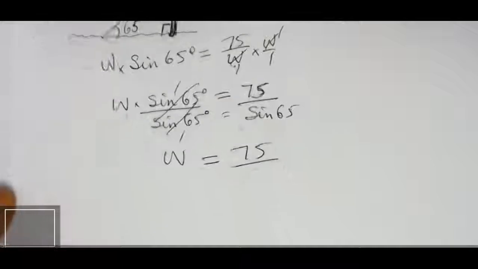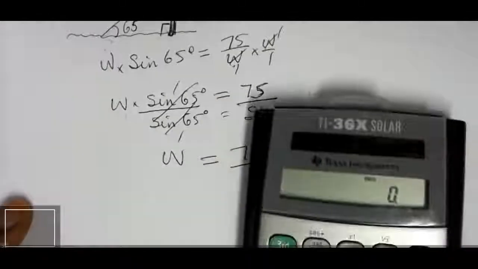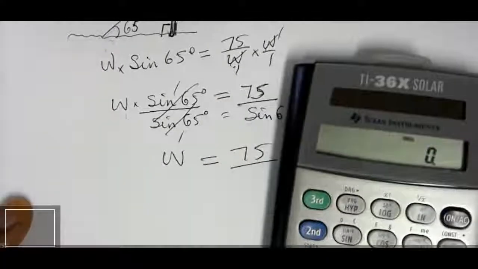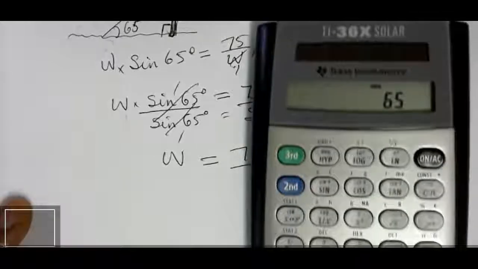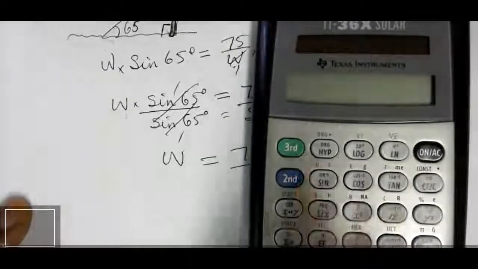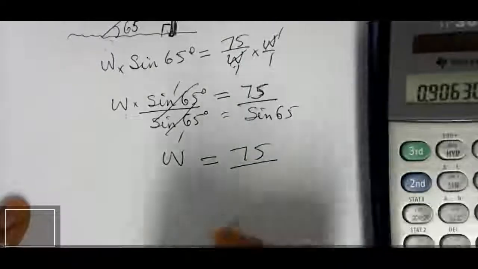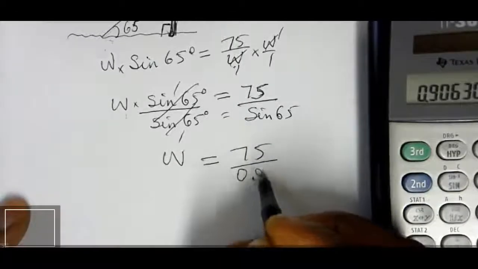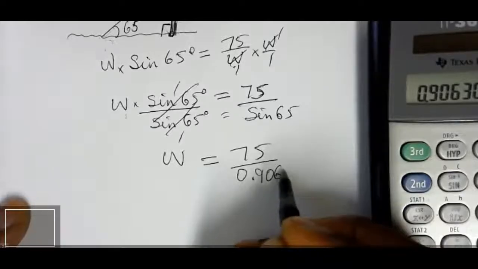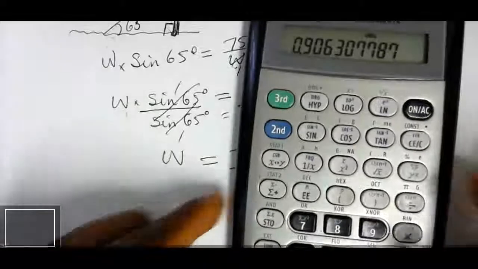75 over, we need to find what sine 65 is. Use the calculator. We do 65 sine. That's 0.9063. Now, check to see if your calculator has a store key.